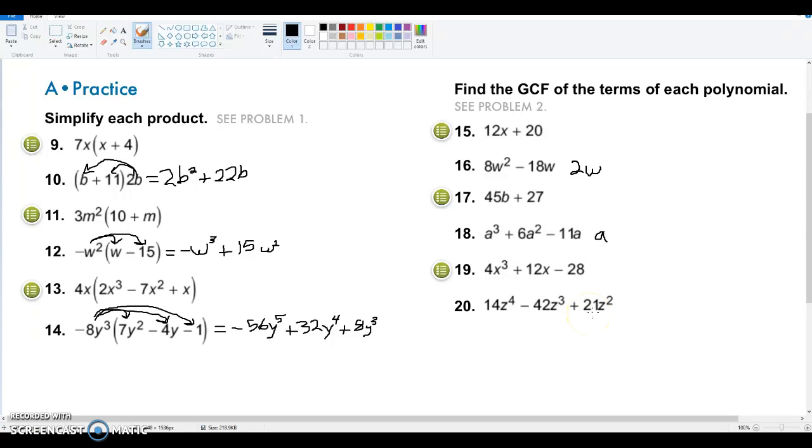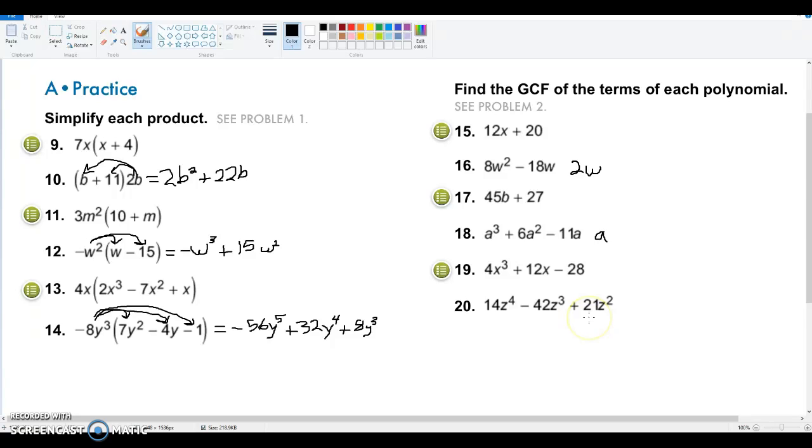So let's see, 3. We can do our digit sum. 2 plus 1 is 3, so 21 is divisible by 3. 4 plus 2 is 6, so 42 is divisible by 3. 1 plus 4 is 5, so that's not divisible by 3.